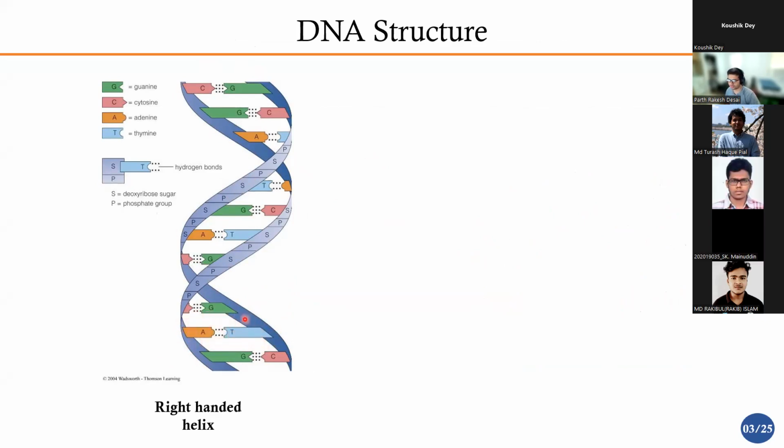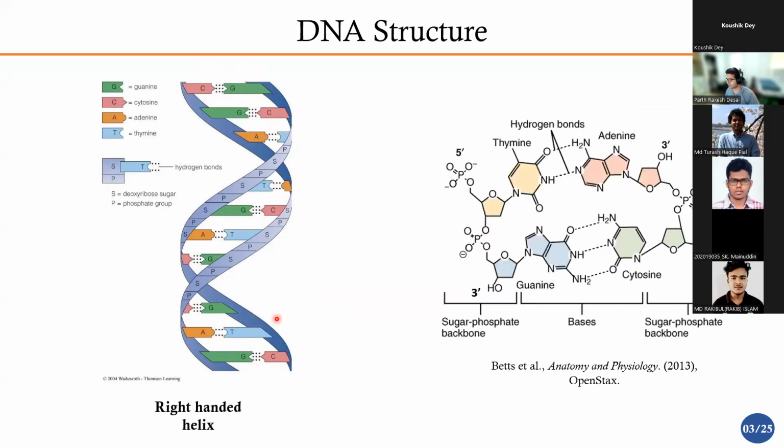So each rung of this ladder is a base pair, and the individual components are nucleotides. DNA is made of four specific types of molecules: adenine, guanine, cytosine, and thymine. For short, they are called A, T, G, C, just by the first letter.